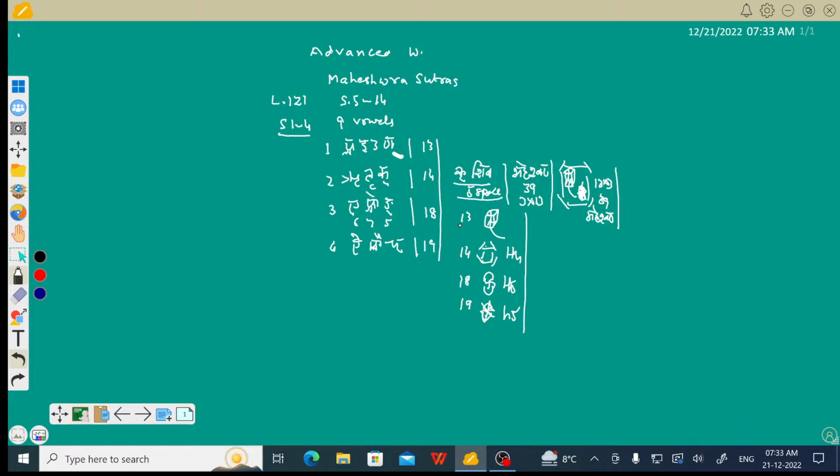So this 13 and 13 is making it 26, which is H7. However, here it is only half of it, 3.5. So these are the features which are there in respect of the first four Maheshwara Sutras.